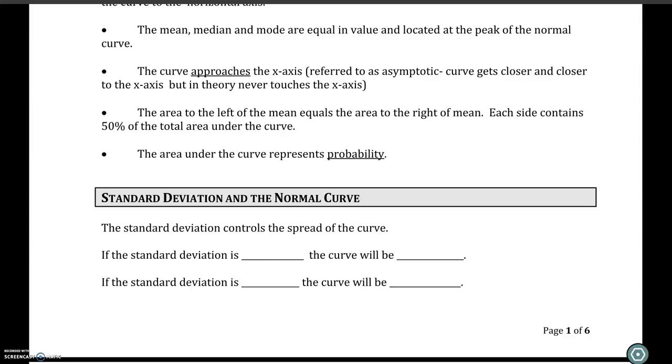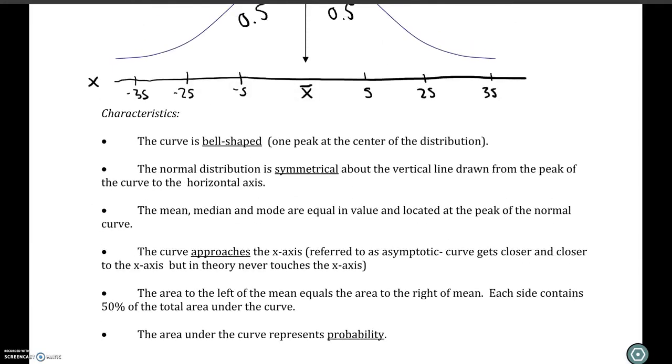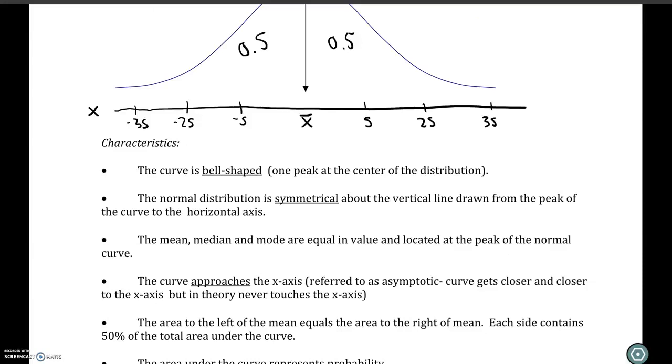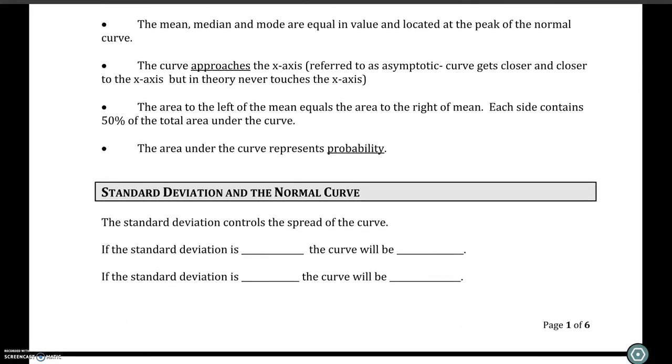The value of the standard deviation controls how quickly the normal distribution approaches the x-axis. If the standard deviation is larger, then the curve will be flatter. It'll be more spread out. If the standard deviation is smaller, then the curve will be more peaked.